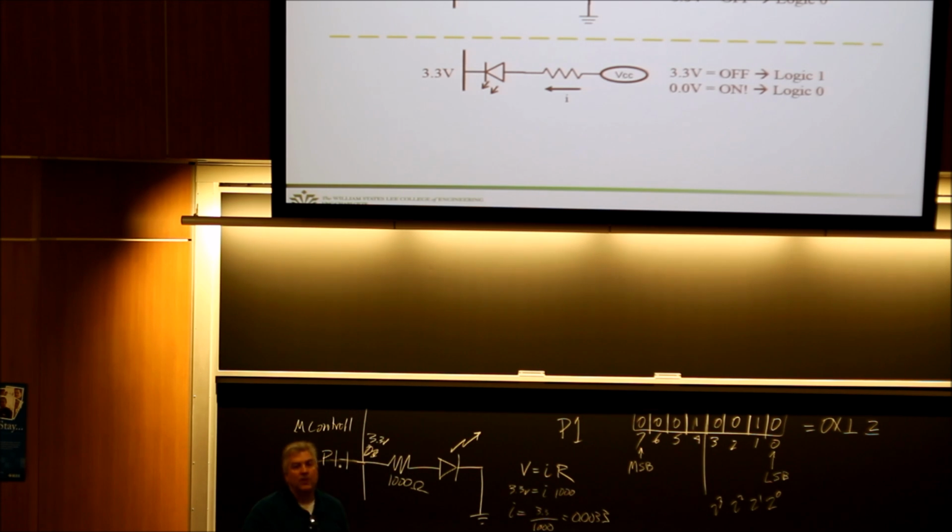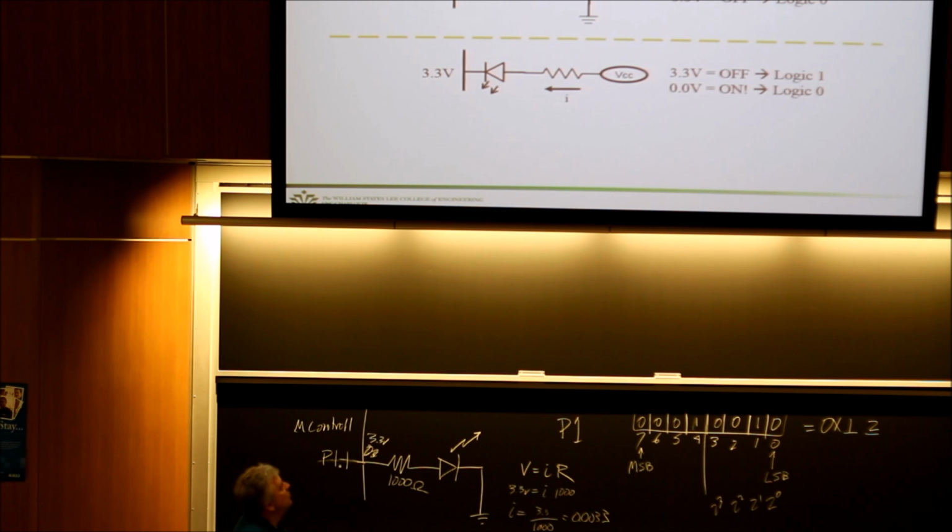So if you give it 3.3 volts on, give it 0 volts off, keeping in mind, of course, that we're working in the digital world, right? So in the digital world, 0 volts is logic 0, and then logic 1 is our 3.3 volts.